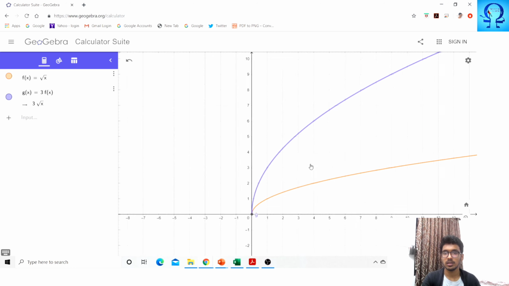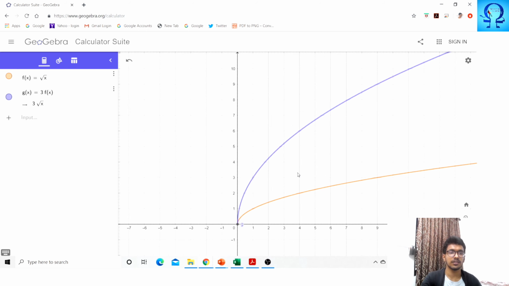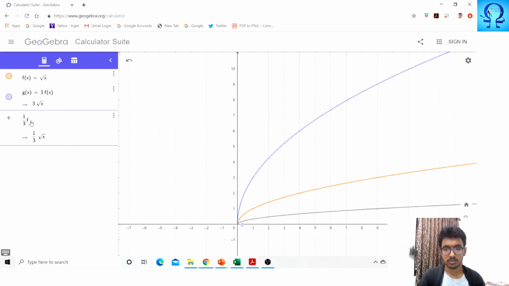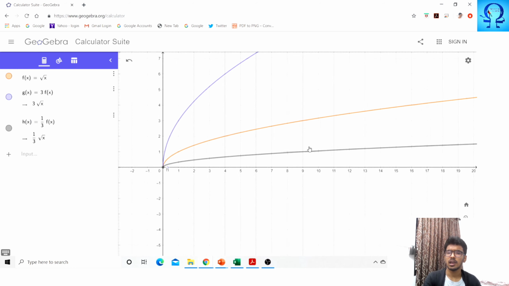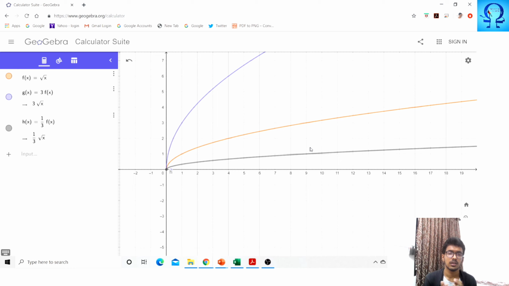Here you may see I have stretched my graph. Now the same quantity, what I am doing is taking the reciprocal and multiplying it. What have I done? I have actually compressed it. So here the stretching and the compression took place vertically.